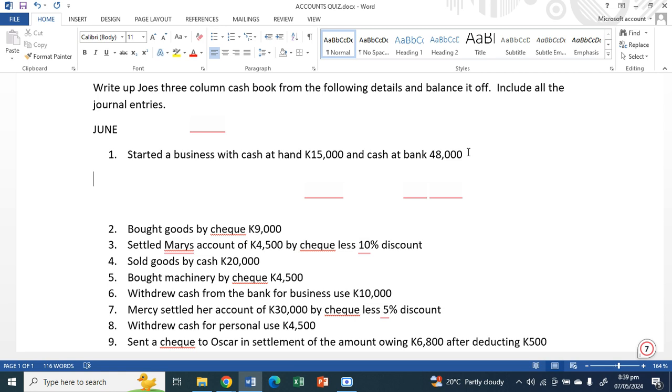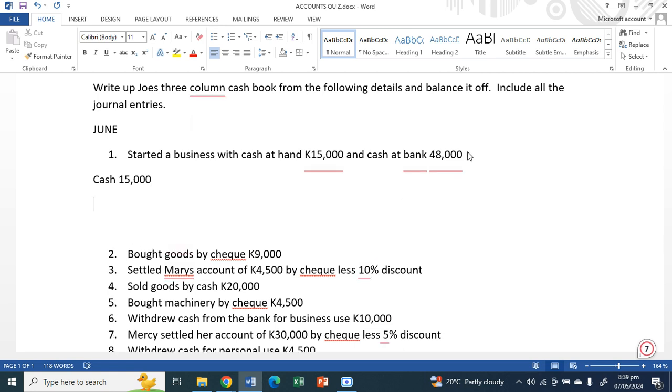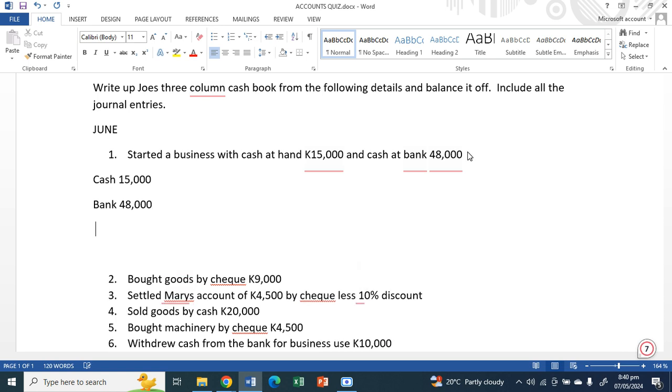Increase in an asset according to the double entry rules, you debit. So you debit cash, 15,000. You also debit bank, 48,000. Capital is a capital account. An increase in a capital account, you credit. So the capital account, we're going to credit it.